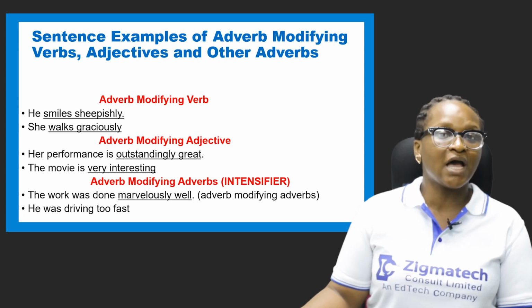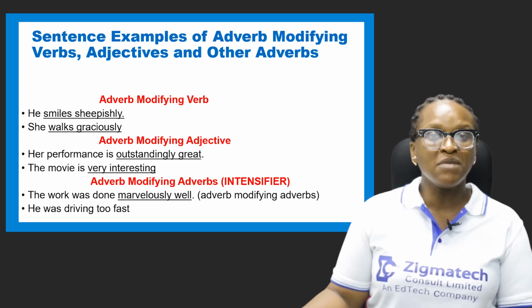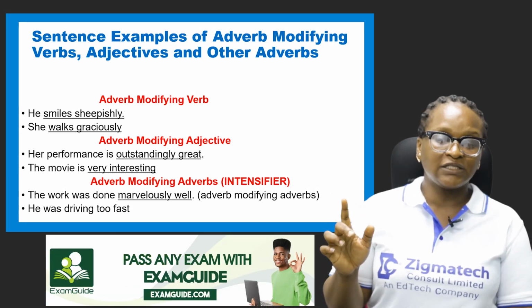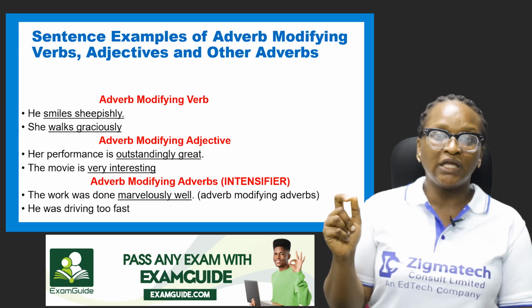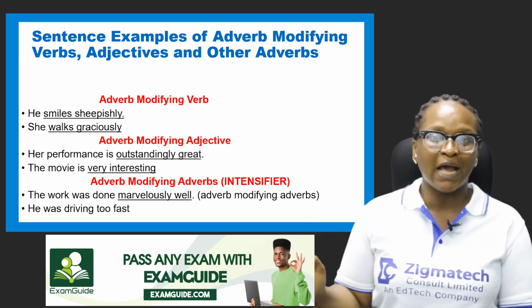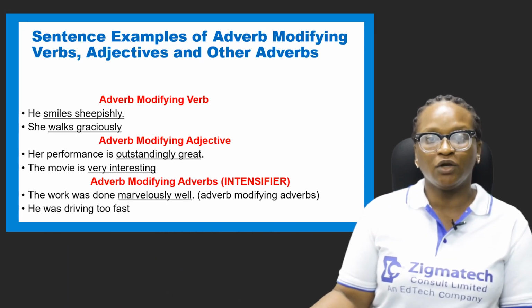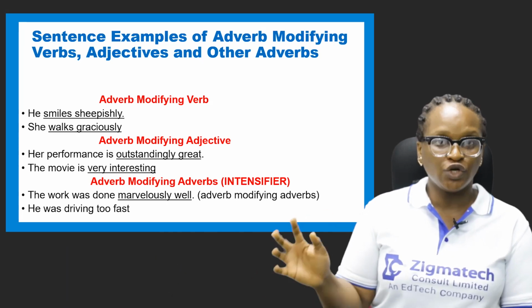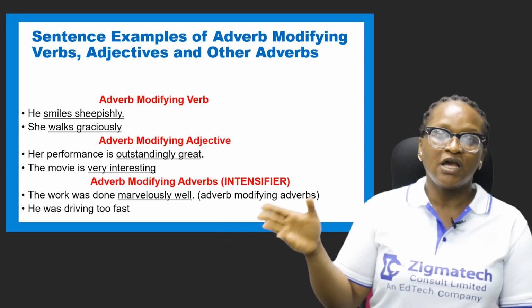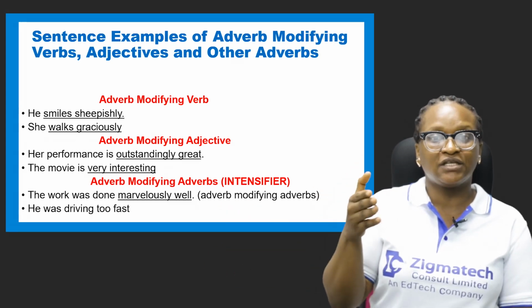So you must understand your parts of speech, know their meanings and their functions. That way, even when you have a word that gives you the inkling that it's not what you used to know it to be, don't argue that it cannot be some other thing, because a word can function in two word classes. So fast here can function as an adjective.